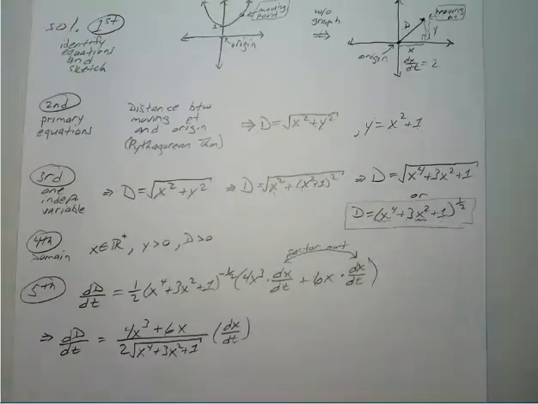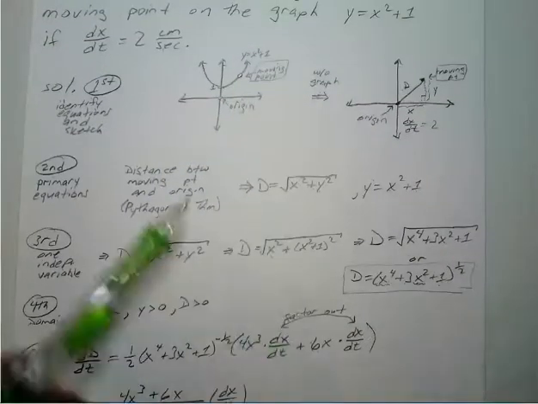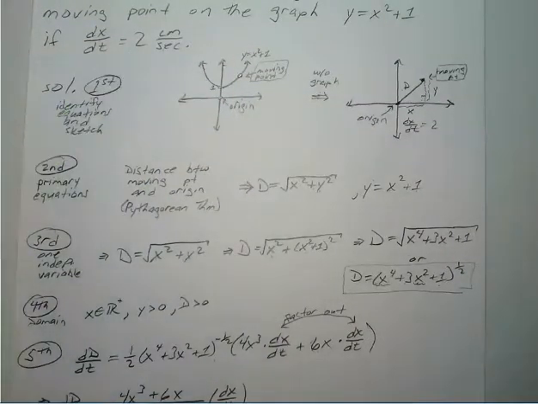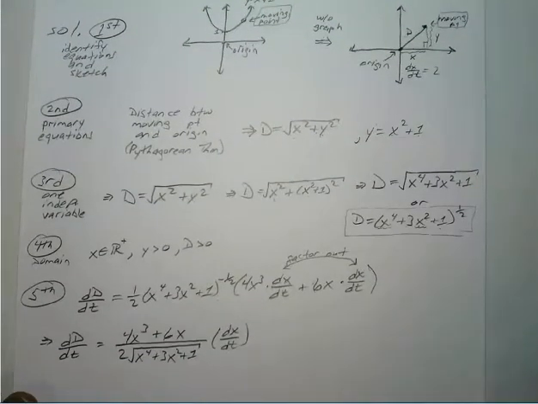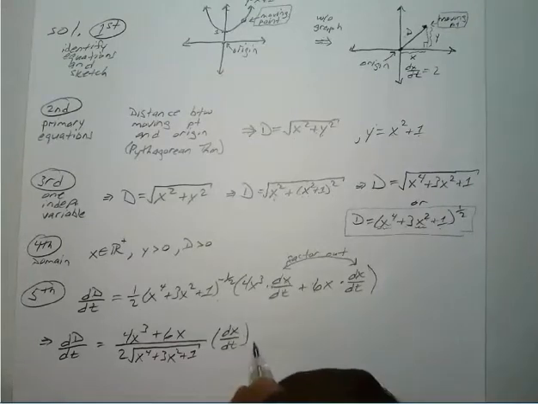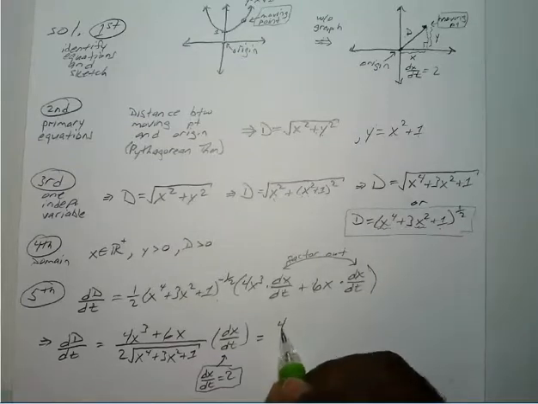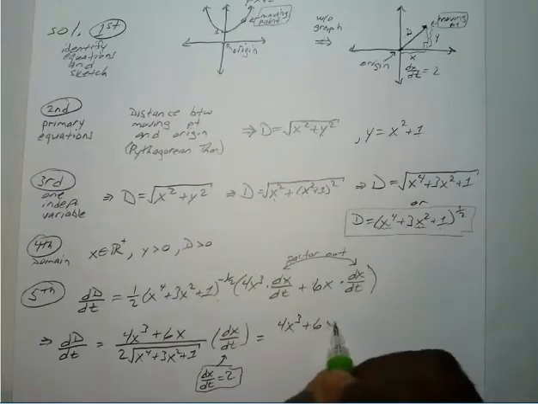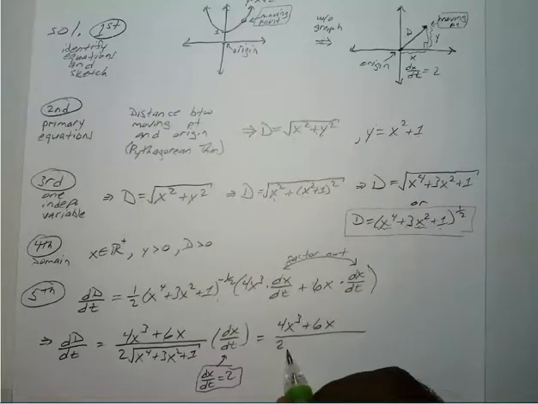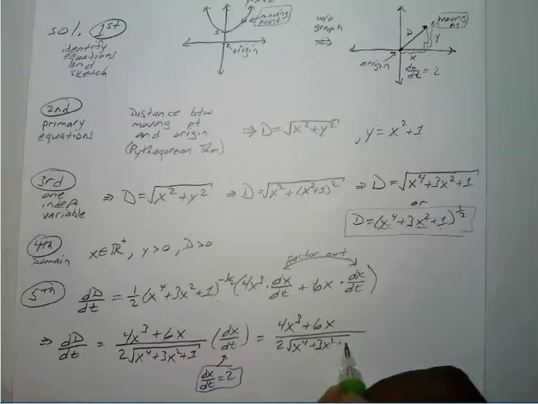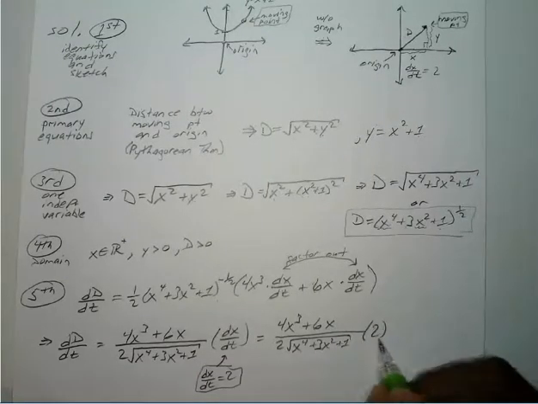All right. Now we know that our dx/dt is equal to 2. Now we didn't have to factor it out. We could have multiplied it by 2 in there, but I just went ahead and factored it out anyway. Okay, so we know that dx/dt equals 2. So that's going to equal 4x to the 3rd plus 6x over 2 times the square root of x to the 4th plus 3x squared plus 1, times 2.